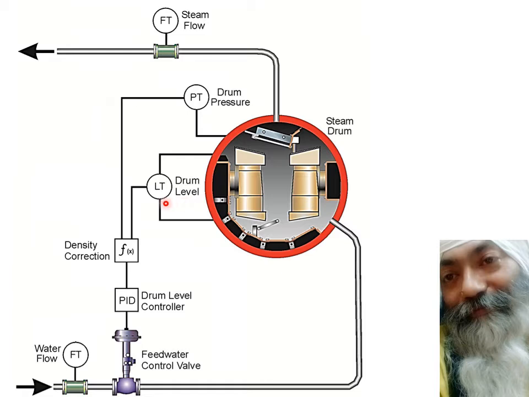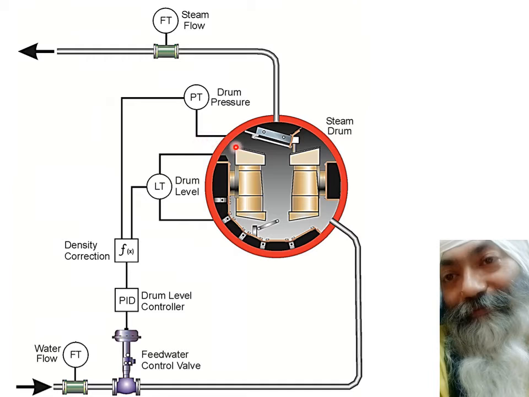Here you can see we have a drum level sensor, and this drum level sensor is nothing but a kind of differential pressure sensor. And you know that the differential pressure is given by rho g h. So h is nothing but the height of the level over here. And here rho is the density, and this density is dependent upon the pressure over here.